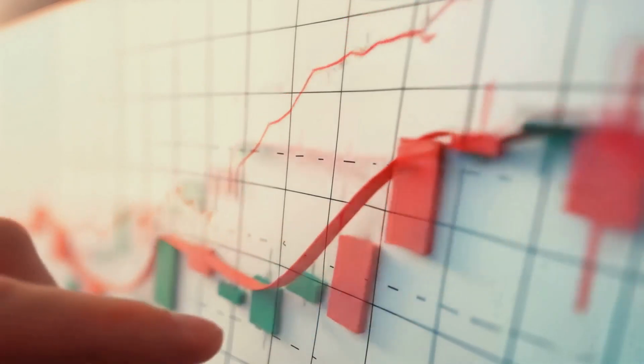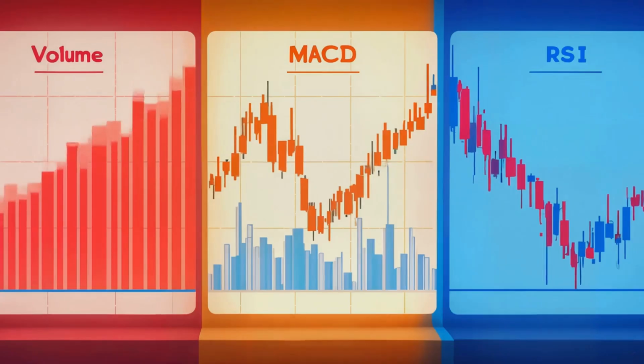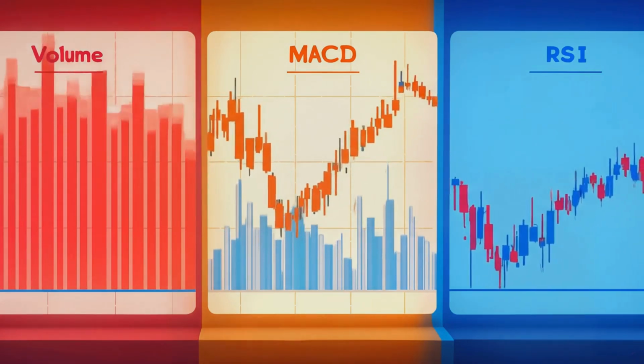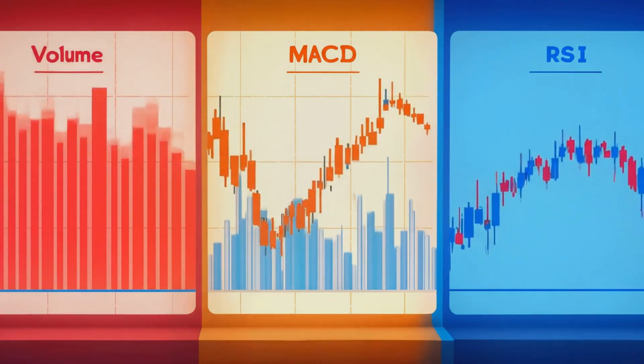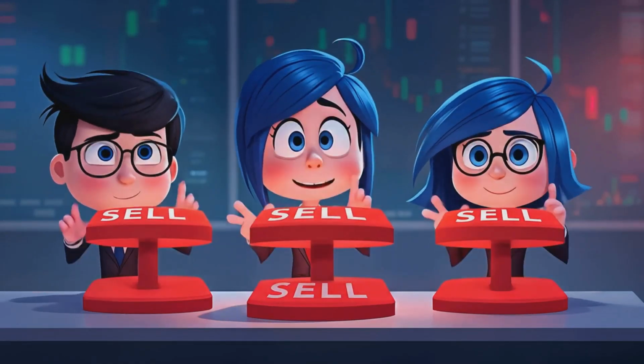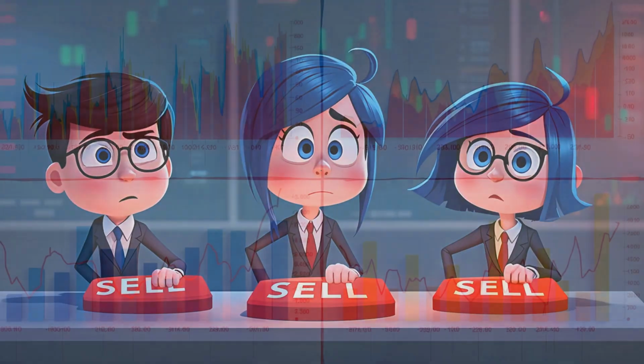Conversely, if PQR nears resistance at $130 with elevated selling volume, bearish MACD crossover, and RSI falling below 70 from overbought territory, traders might initiate short positions or sell holdings, expecting a price decline.